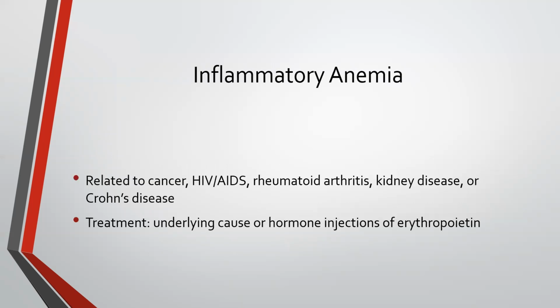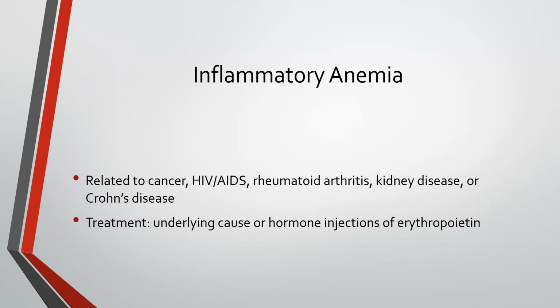So very important. All right, we have inflammatory anemias, which we're not going to go too much into detail just because some of the other anemias incorporate an inflammatory anemia, but this can be related to cancers, HIV, rheumatoid arthritis, kidney disease, or Crohn's.